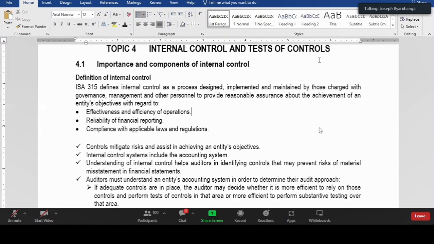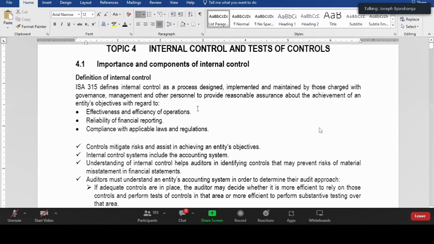In other words, internal control is a system put in place by directors and management and other personnel in the entity to provide reasonable assurance to enable the company achieve its objectives. Of course, the objectives cannot be achieved 100%. That's why we are using the word reasonable assurance, which was introduced in topic 1.